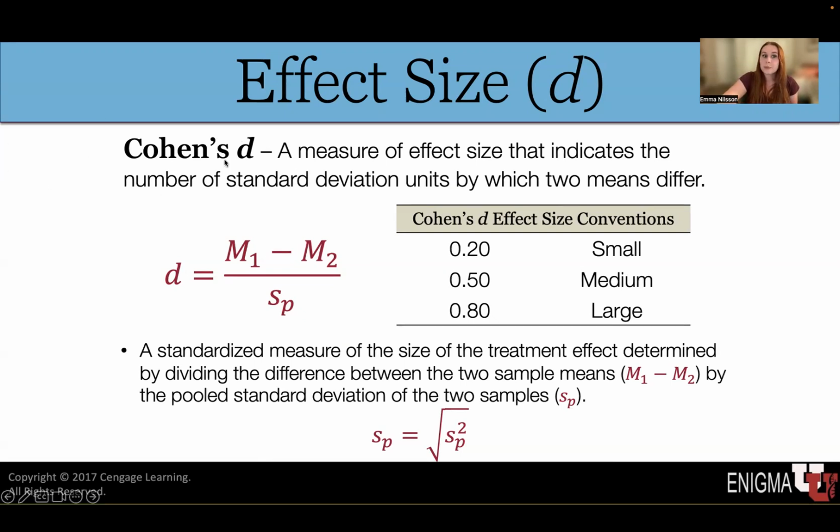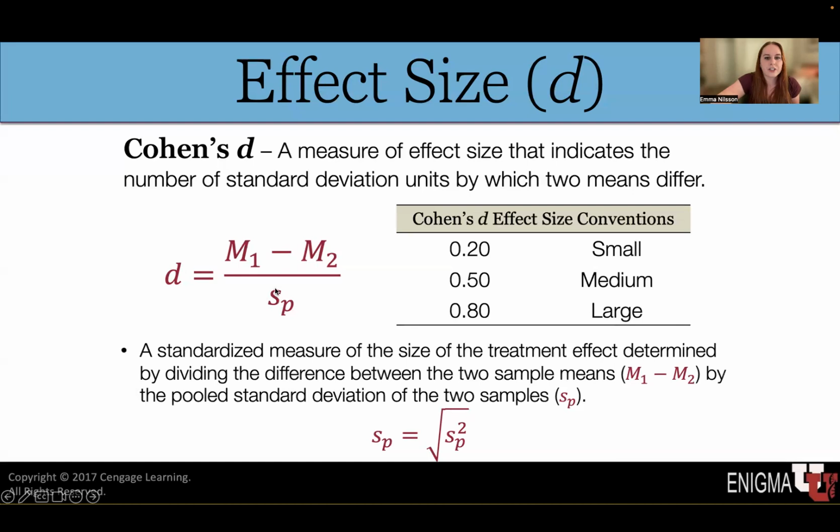The first way we do it is by calculating Cohen's d. This is a measure of effect size that tells us the number of standard deviation units by which the two means differ in this context. The formula here, in the context of an independent measures research study where we're using an independent t-test, the difference between the two sample means, this numerator here, is used as the best estimate of the mean difference between the two populations.